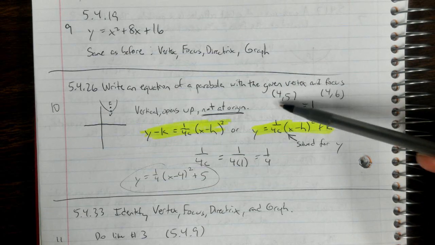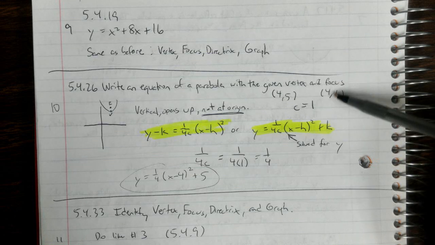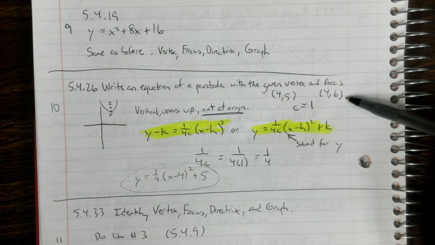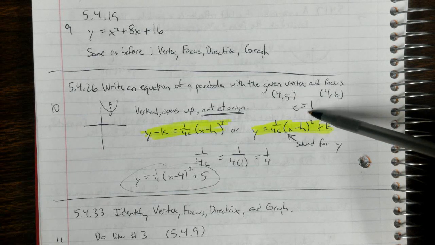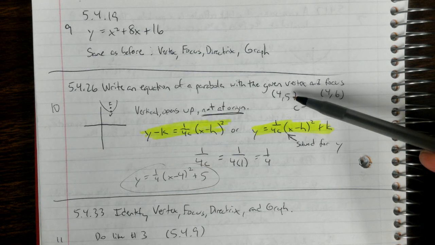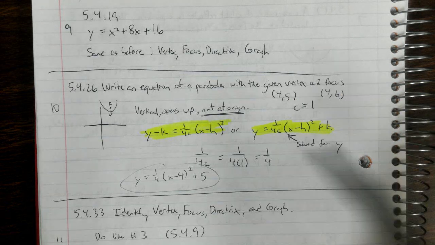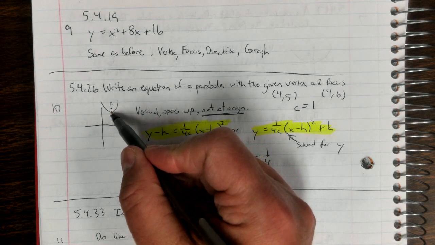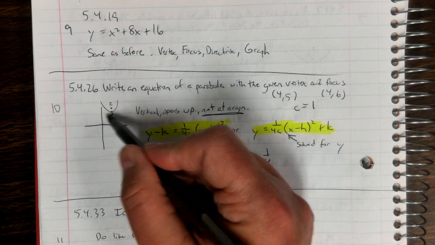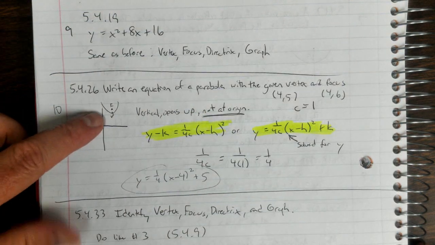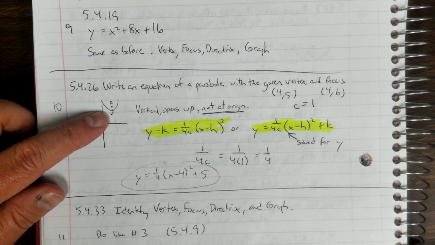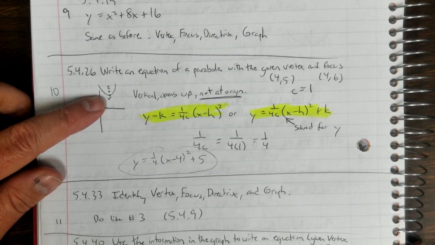The vertex in my case was 4, 5, and the focus was 4, 6. So if they're only 1 unit apart, that means C is 1. Now, based on plotting those 2 points, 4, 5 would be there, 4, 6 would be there, and so I know based on that, since F is inside, then it has to open up, not down, and not right.